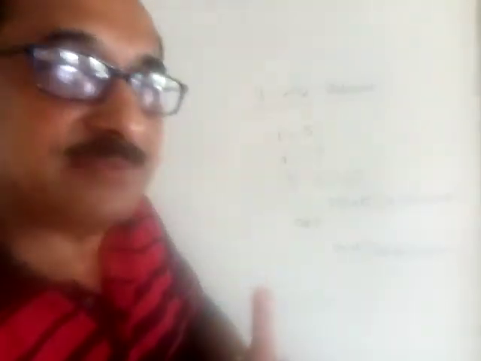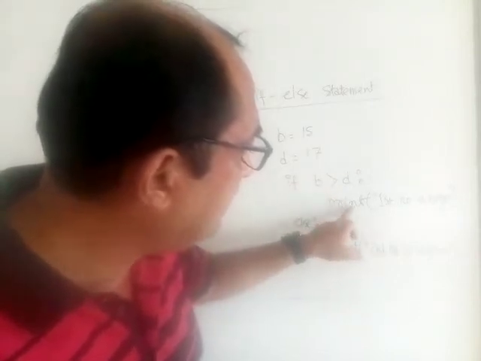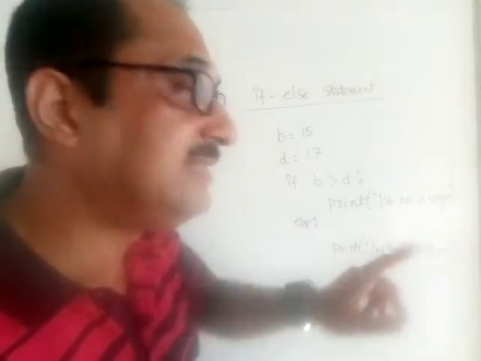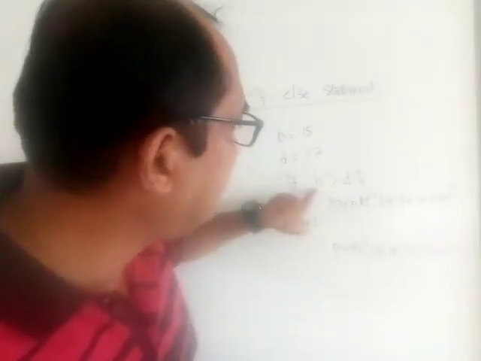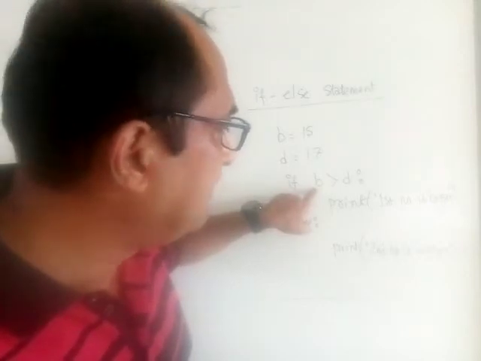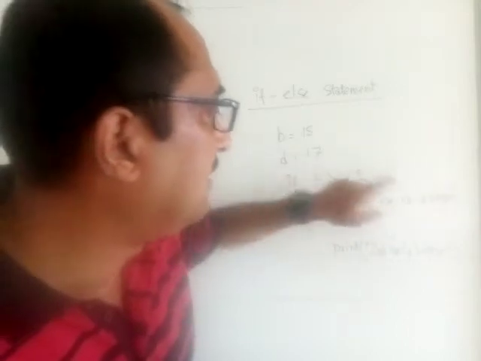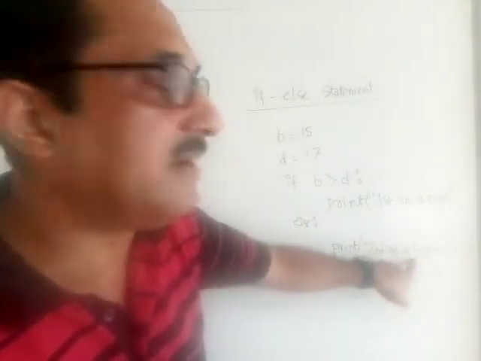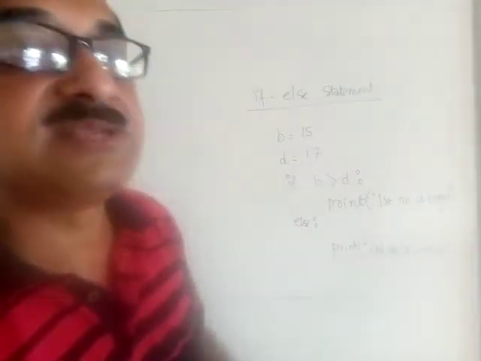Only one of them will happen. If the condition is true, this part will work. If the condition is false, then whatever you wrote after else will work. In this case, the condition failed because 15 is not greater than 17, so the if part will not function. The part after else will function, so I will get the message, second number is bigger.